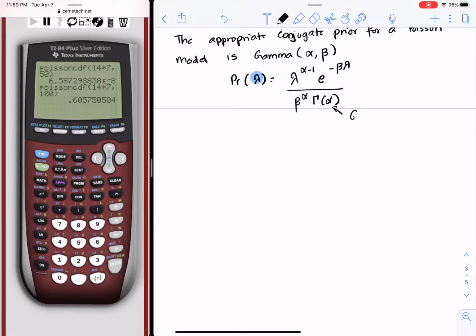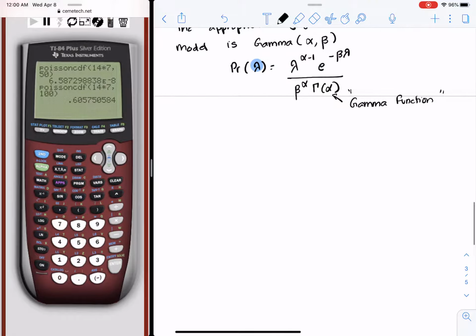That is a gamma function, not the same as the gamma density. You don't have to know about this formula, but you can look it up if you want. So it has two parameters, alpha and beta.